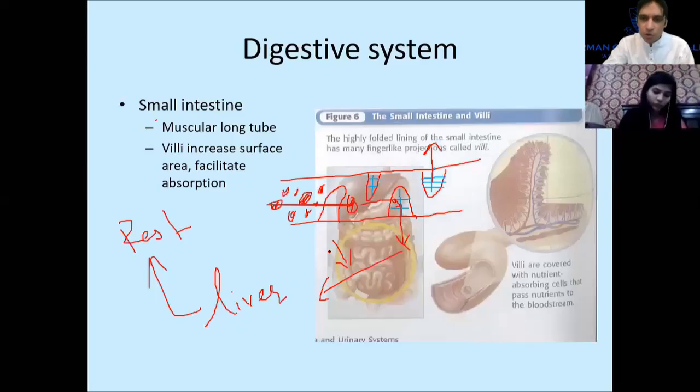Another important thing you should know at this time: nowadays people are undergoing different types of surgeries, and I was wondering, I studied data that people are spending more money on non-essential surgeries as compared to essential surgeries.